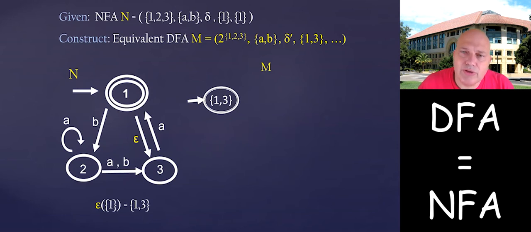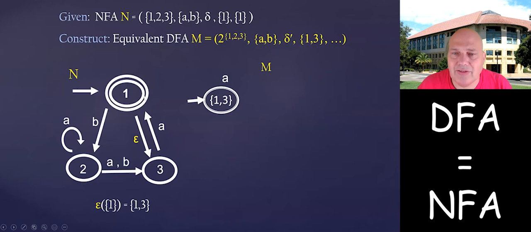Let's see where you reach with an A transition from {1, 3}. From 1, you have no A transition, so let's move to 3. From 3, you have an A transition to 1.